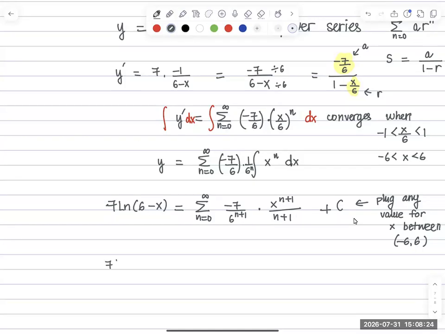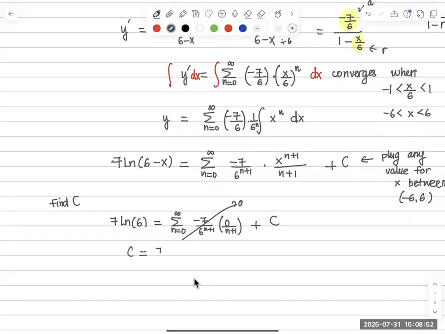So 7 ln of 6 minus 0, which is 6. And then I have summation of n equals 0 to infinity, -7/6 to the power n plus 1, the whole thing is 0, plus c. So this step is to find c. When we put 0 for our x, this whole thing is 0, right? So it turns out c is going to be 7 ln of 6.